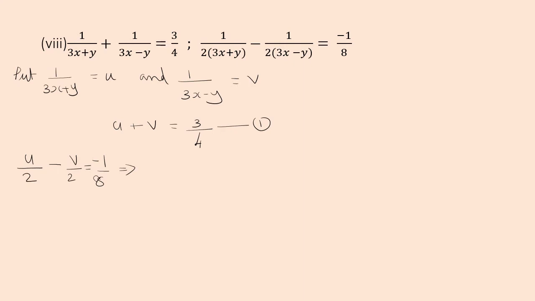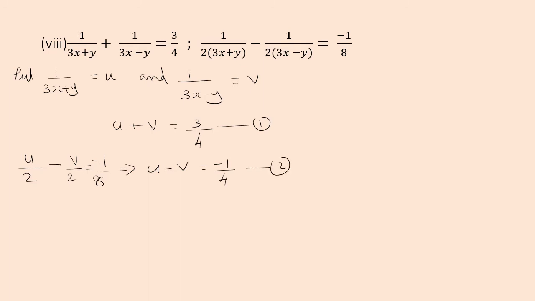Since 2 is a common denominator for both u and v, you can write it as u minus v equal to, taking the denominator 2 of LHS to the RHS and cancelling the common factor, minus 1 upon 4. You number the equation as 2.